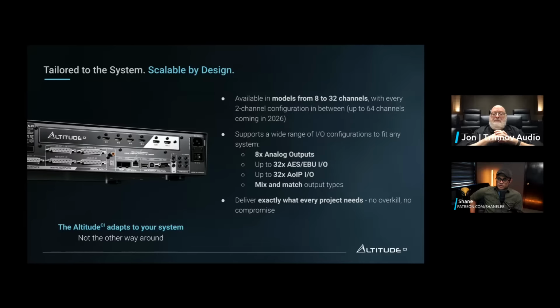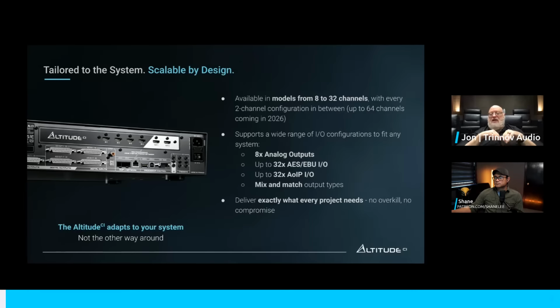What's the difference between those? Dante and AES67 are both audio over IP systems that, instead of using analog XLR cables or something like that to get the signal from one place to the next, use something very much like your local area network at home, your Ethernet kind of network.